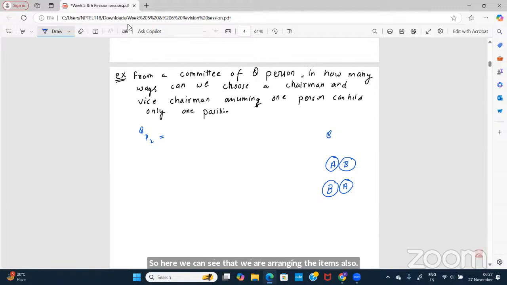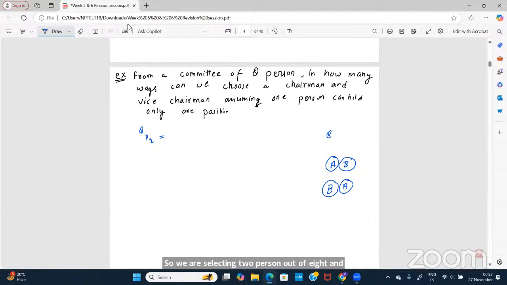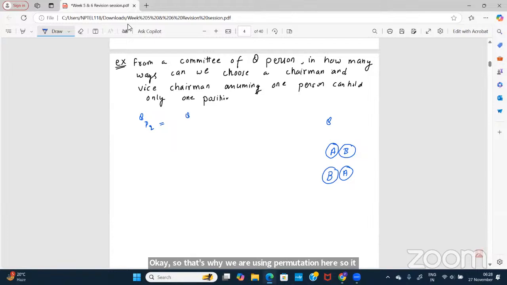We are selecting 2 out of 8, and then we have to arrange them also. So it will be 8P2, which is equal to 8 factorial divided by 8 minus 2 factorial, which is 8 factorial divided by 6 factorial. So it will be 8 into 7, which is equal to 56, right?